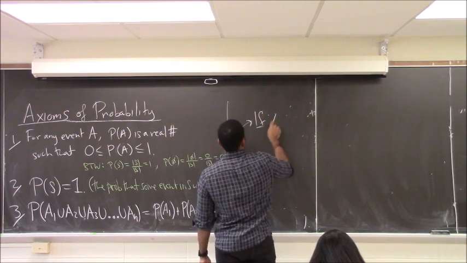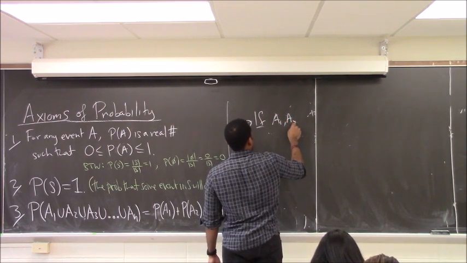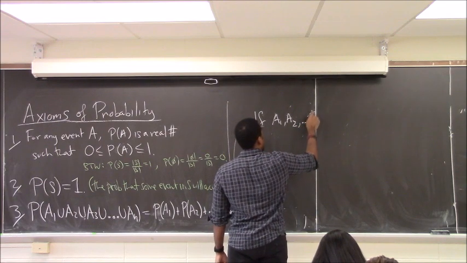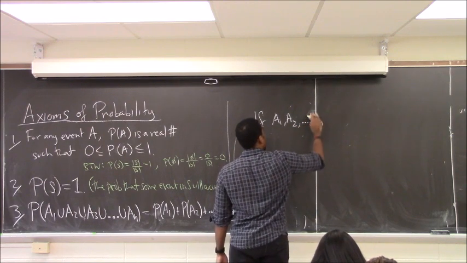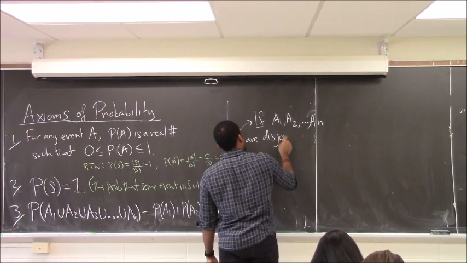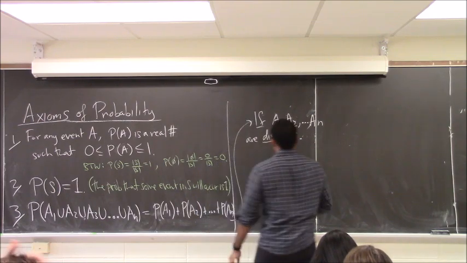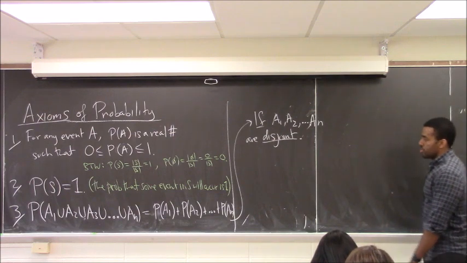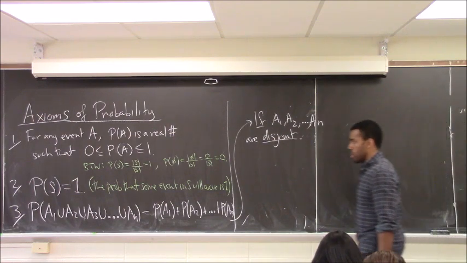Only if A1, A2 dot dot dot AN are disjoint. The probability of the union of disjoint events is going to be the sum of the probabilities.